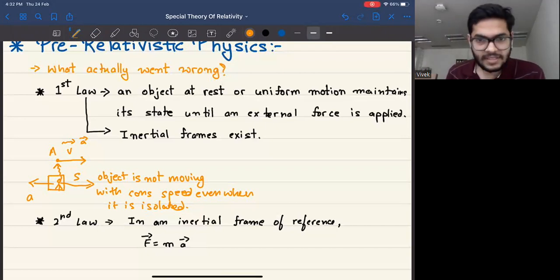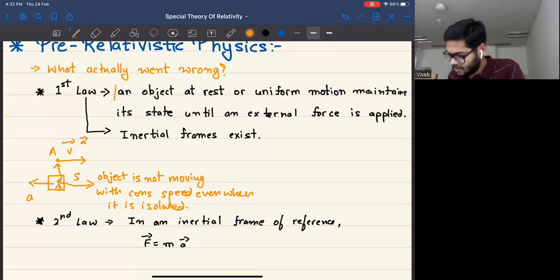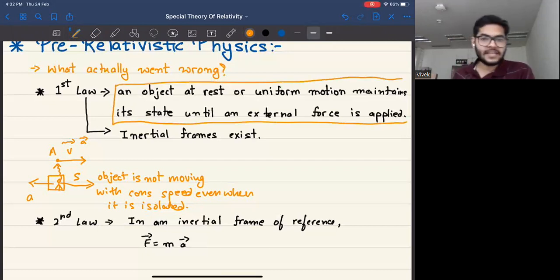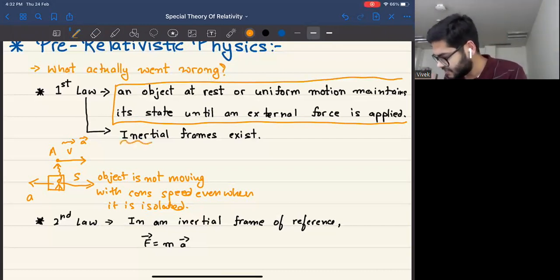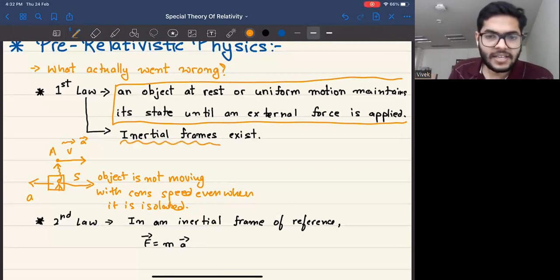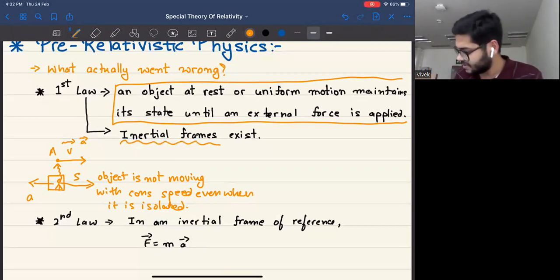So there is something incomplete about this statement that we have just made. So let us complete this statement. What the first law actually says is that there exist some frames of reference that we can call inertial frames.